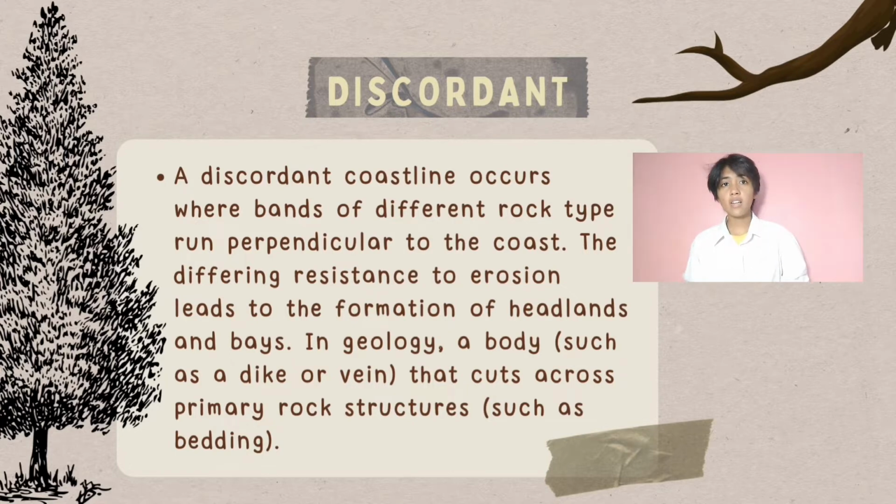So, in geology, a body such as a dike or a vein that cuts across primary rock structures such as the bedding. So, a discordant is an arrangement of rock strata in which the older underlying ones dip at a different angle from the younger ones that are overlying them.